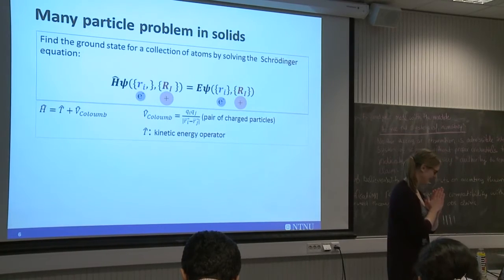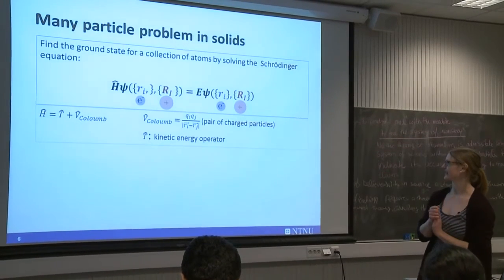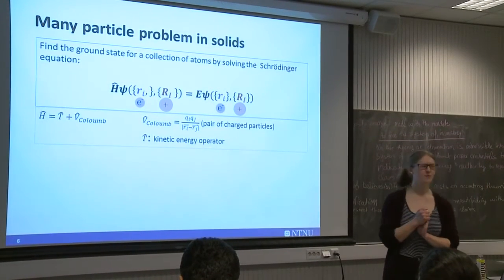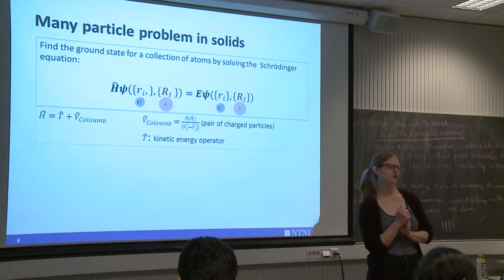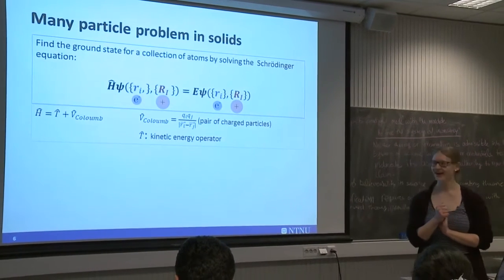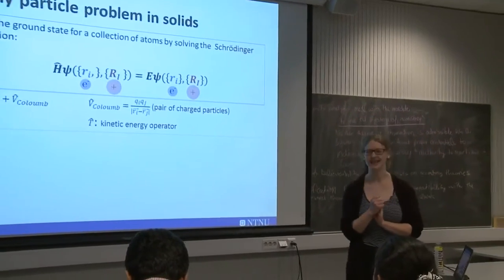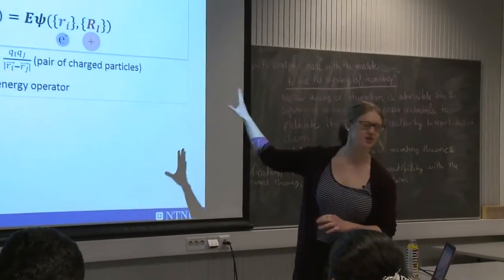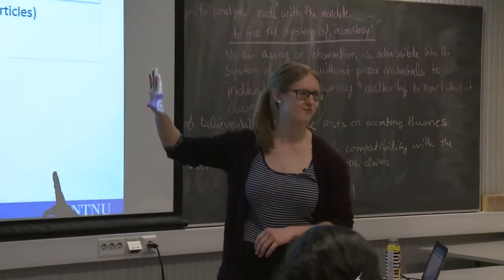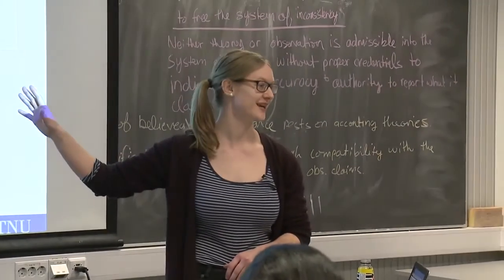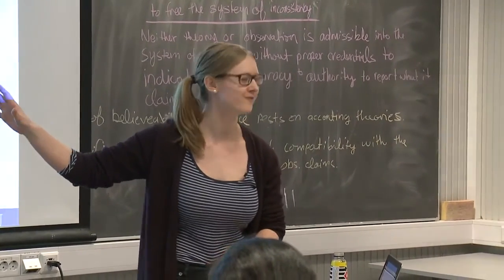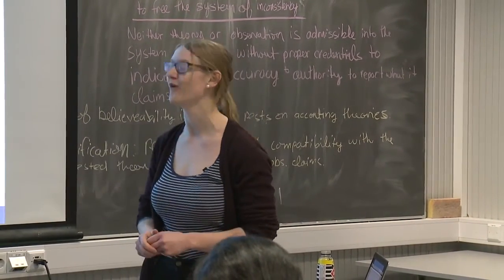But you can see from this equation that from basic quantum mechanics, we only look at the single electron state, because that's the easiest. Here we have a bunch of nuclei and a bunch of electrons, which makes this a very complicated equation to solve.